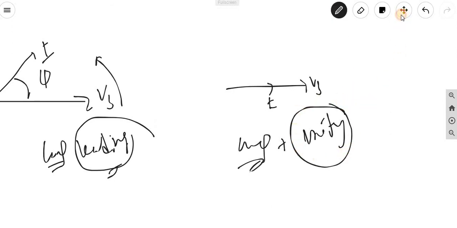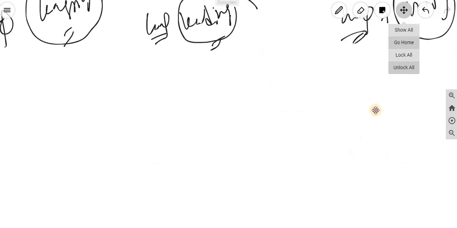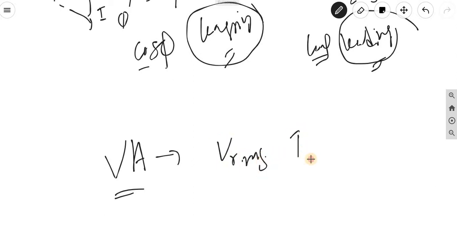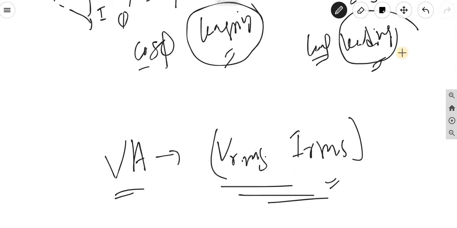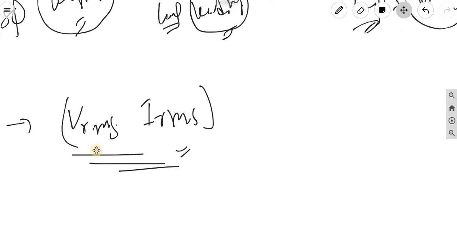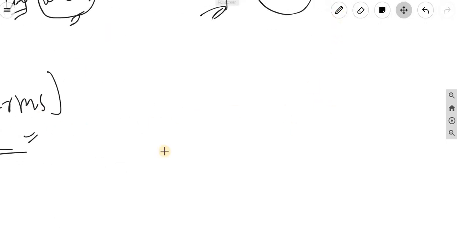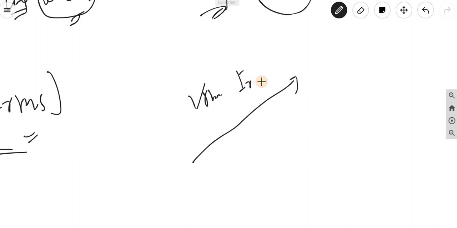Clear? And the apparent power, what we said, apparent power means VA. Apparent power is simply the presentation of the voltage RMS and current RMS. This is the apparent power expression. So apparent power is V RMS times I RMS. If we see, there is a triangle. Suppose this is V RMS, I RMS.